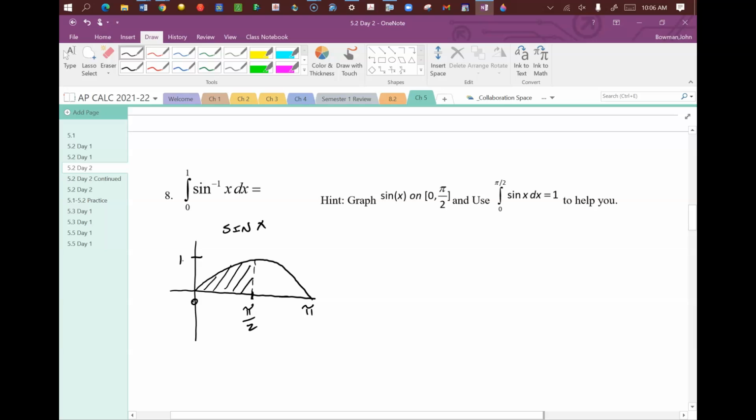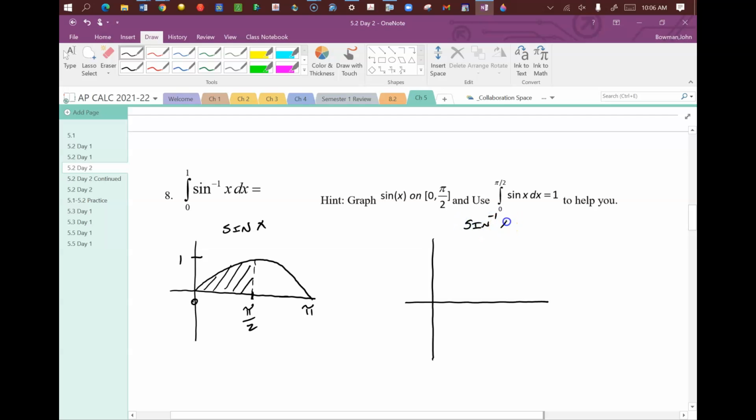All right, now how does that relate to the inverse sine function? Well, if you recall from pre-calculus, if you reflect a function over the line y is equal to x, you switch the x and the y, and you get the inverse function.